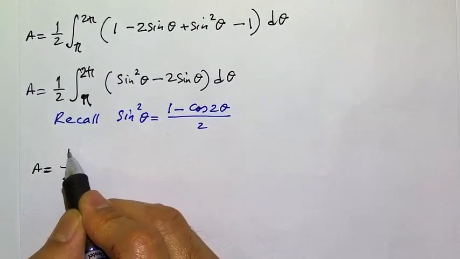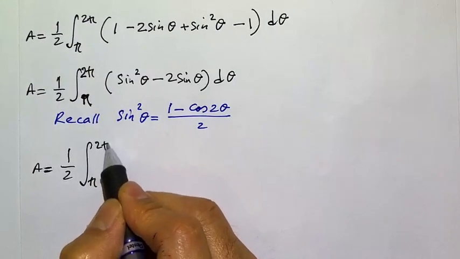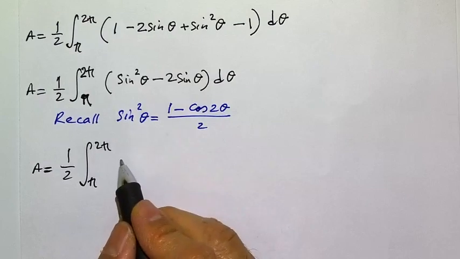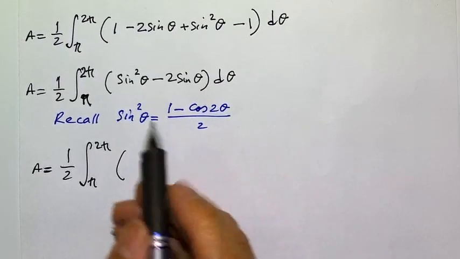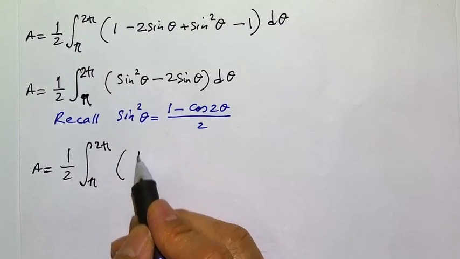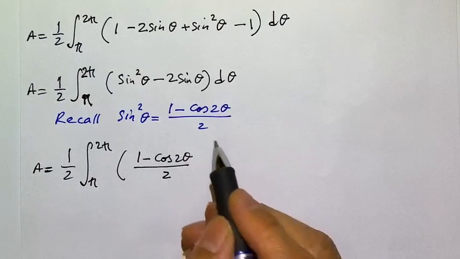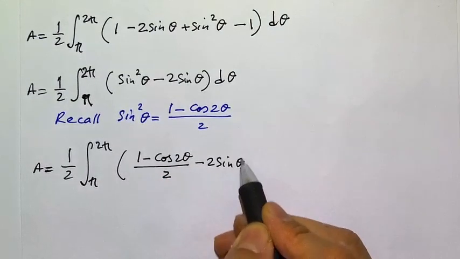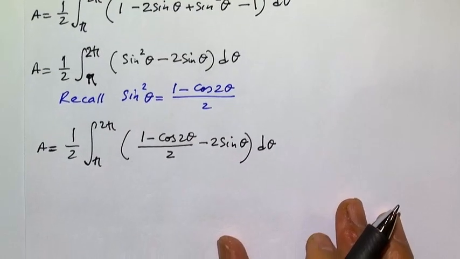We have 1/2, integral from pi to 2 pi, and then so I'll simplify it after this, but substituting for that, we get 1 minus cosine 2 theta over 2, and then of course minus 2 sine theta d theta. Okay.